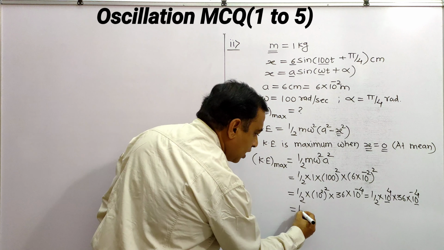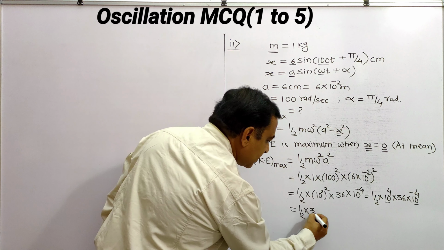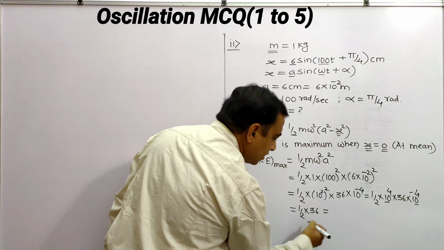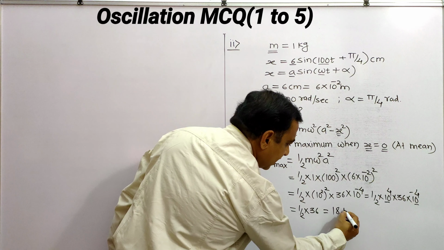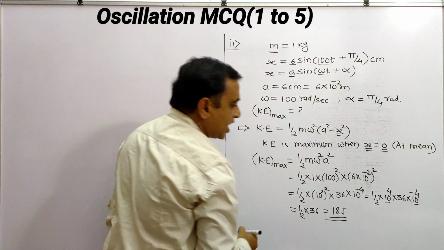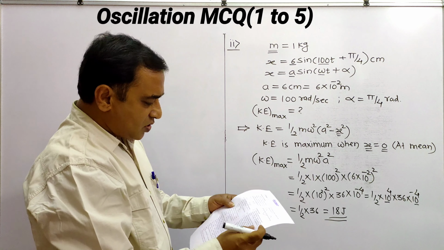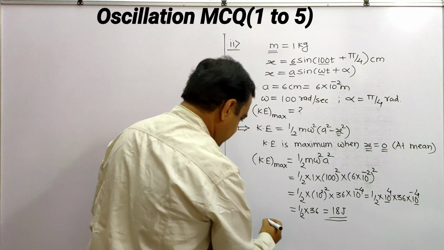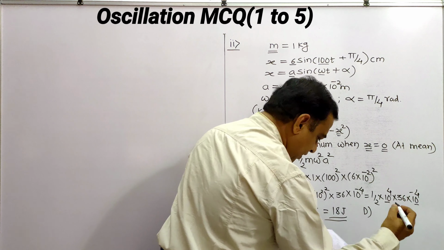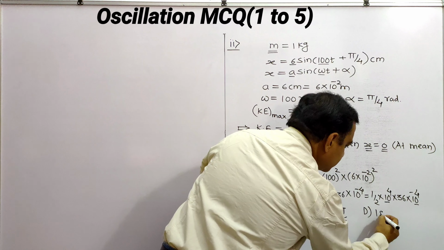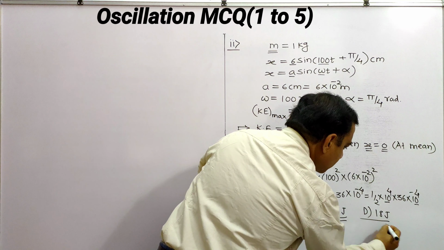So 1 by 2 into 36 is the only remaining factor. Half of 36 is nothing but 18, and it is in joule. So the expected answer is option D, which is 18 joule. This is your answer.